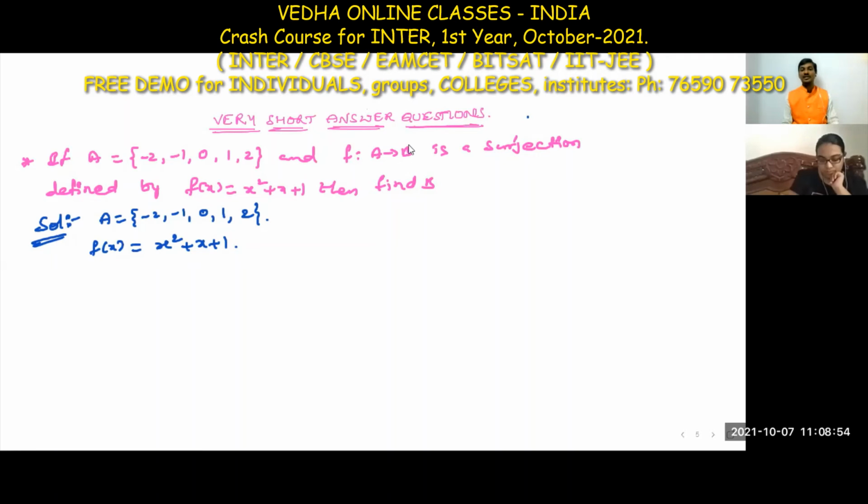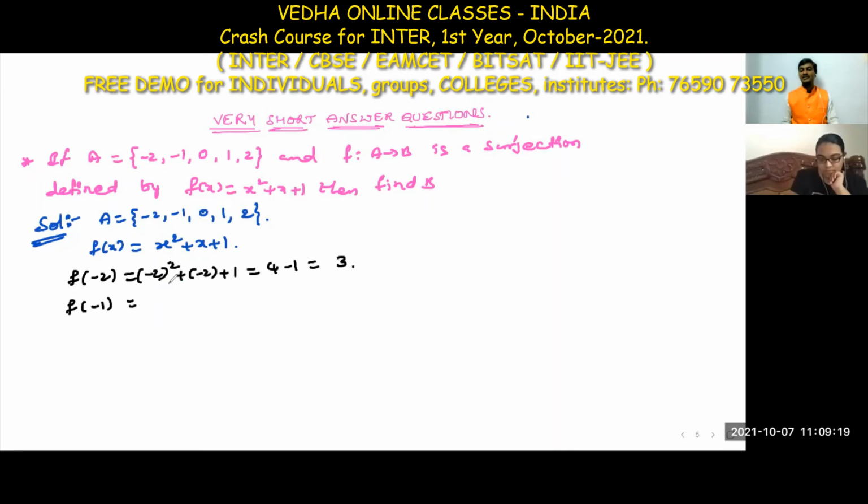Substitute -2 in place of x. So tell me what we get. -2 whole square plus x, that is -2, plus 1. What is -2 whole square? 4. Then -2 plus 1 is -1. 4 minus 1 is 3.